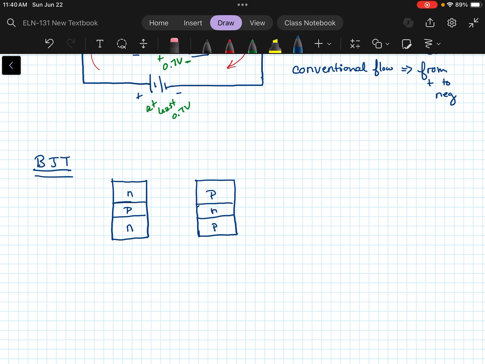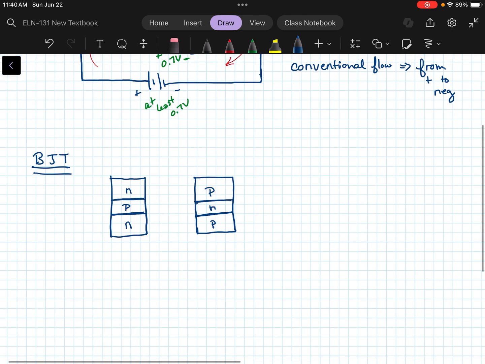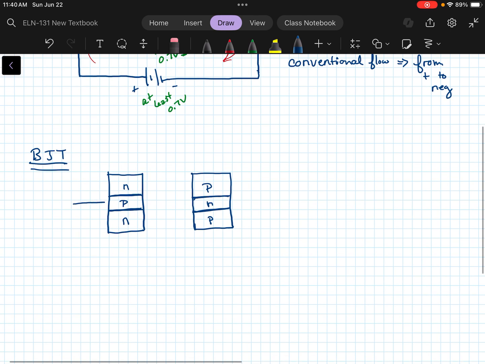And that creates two junctions. We have one here, or one here, and one here. Okay, so the middle material, we call that the base of our transistor.